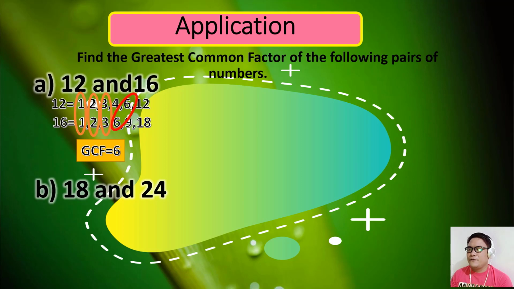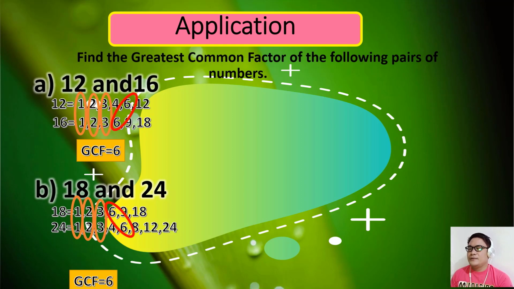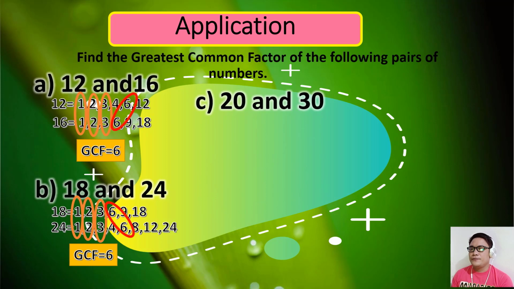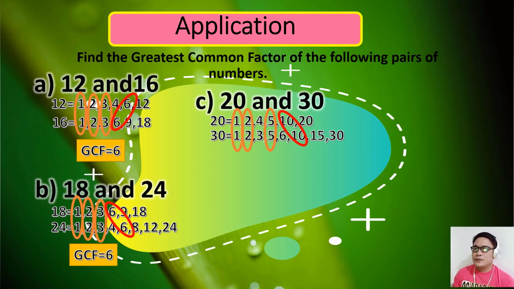The GCF of 18 and 24 is that is right, 6. Next one, we have 20 and 30. So the GCF of 20 and 30 is correct, 10.